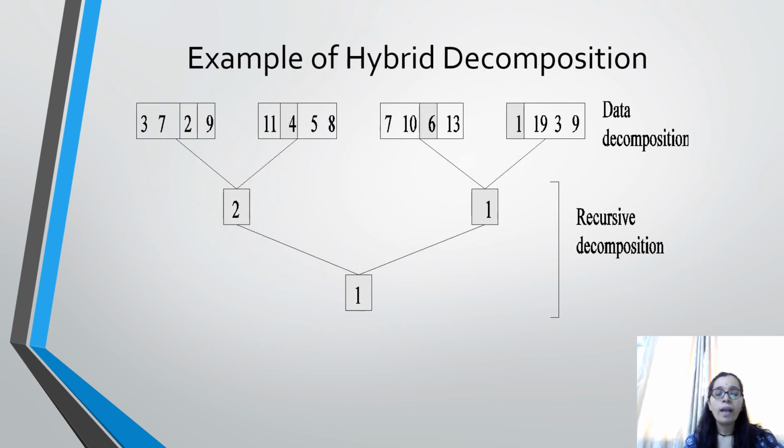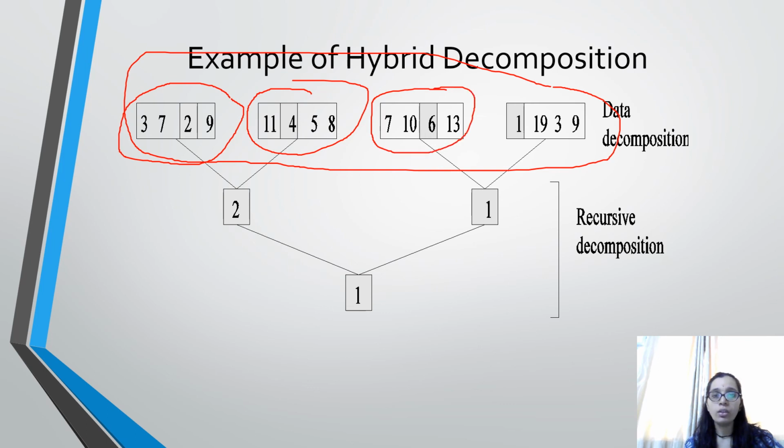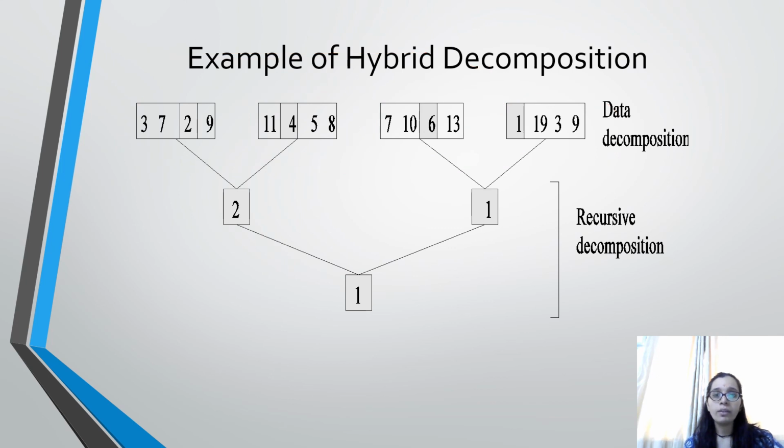As shown in the figure, the elements are divided, which is nothing but the data decomposition. Each task or each division contains an equal number of elements, that is 4 elements in each task. After dividing the data using data decomposition, the next step is to find the minimum element from each part.